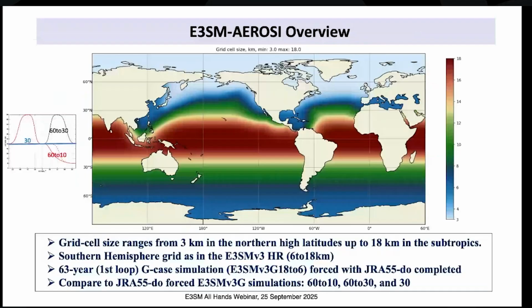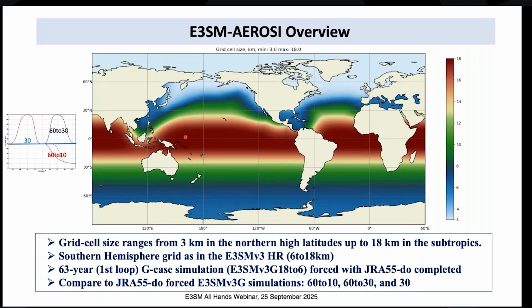So here's a slide showing the AEROSI grid distribution, which is basically a high resolution V3 in the southern hemisphere. And let me switch here to the laser pointer. The southern hemisphere is basically the 18:6 V3 grid, and we modified the northern hemisphere to address the issue of high resolution requirements in the high latitudes.